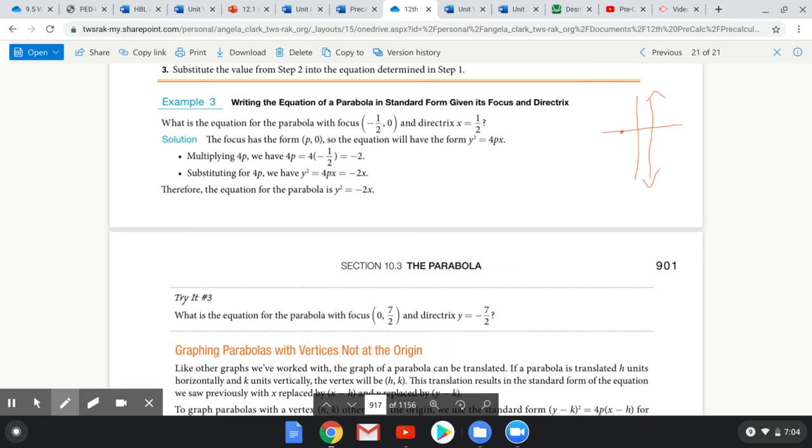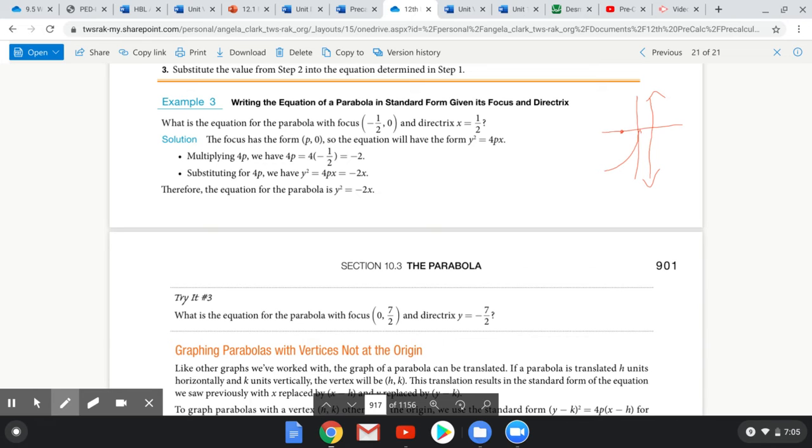So 1/2 plus negative 1/2 is 0. 0 divided by 2 is still 0. So we know that the vertex is at 0, 0. But in case it's not that obvious, again, you can use the midpoint formula as usual.